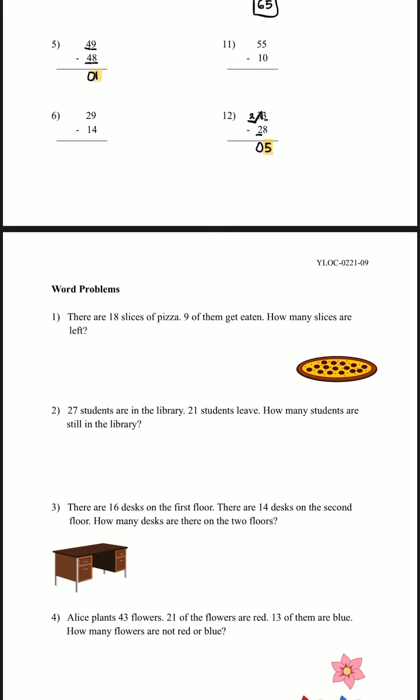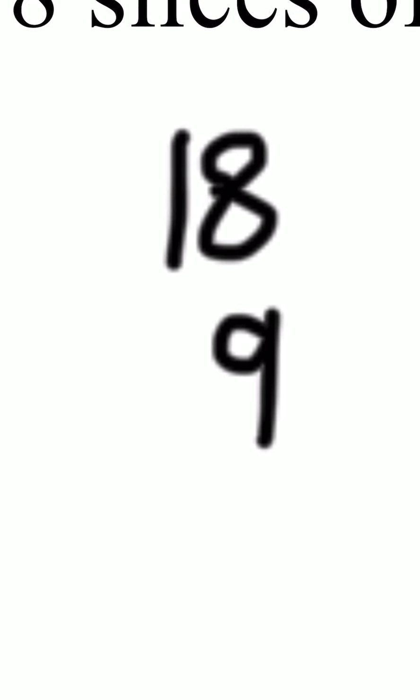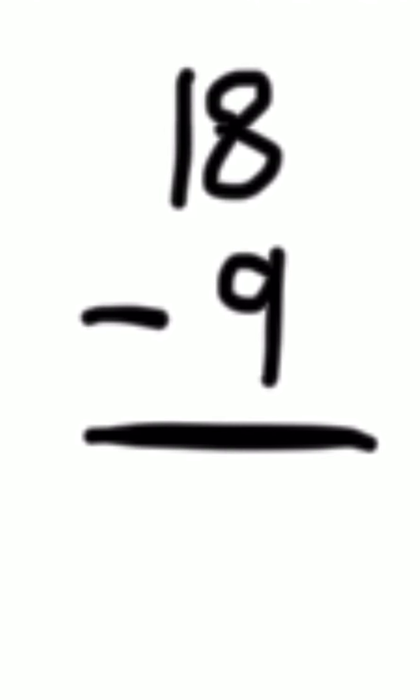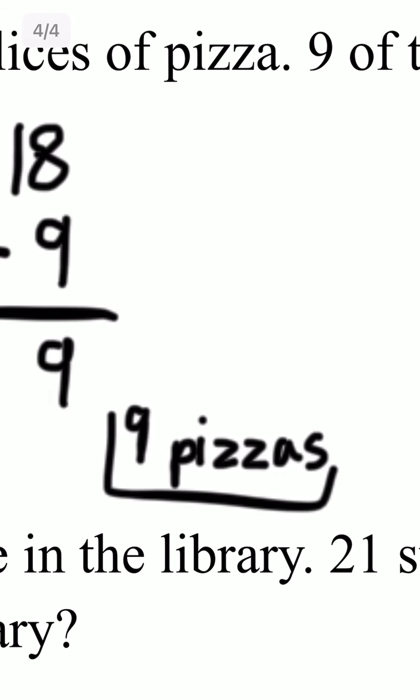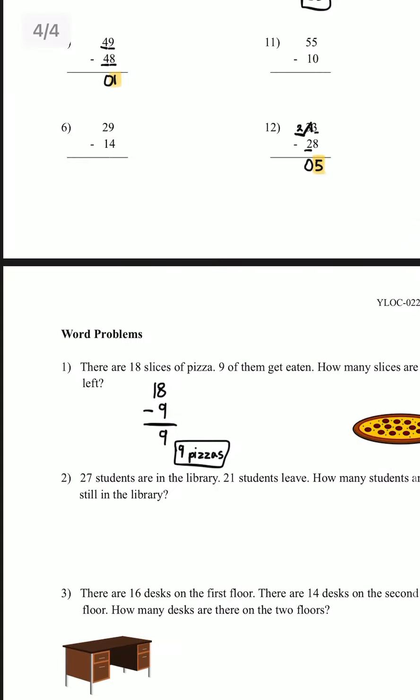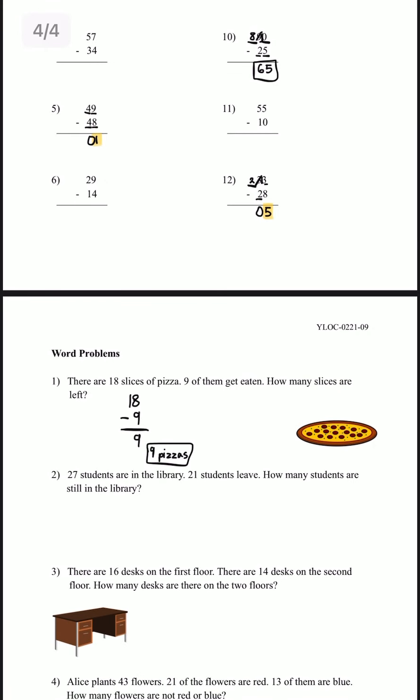We need to subtract 9 from 18, since 9 pizzas were eaten, and 18 minus 9 is 9. So 9 pizzas are left.